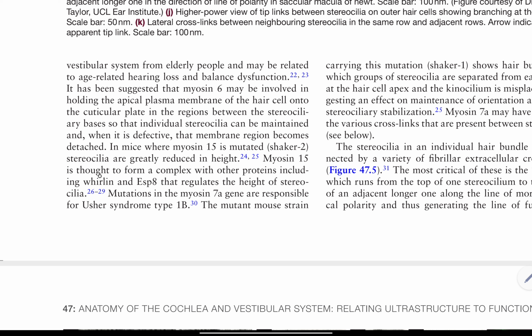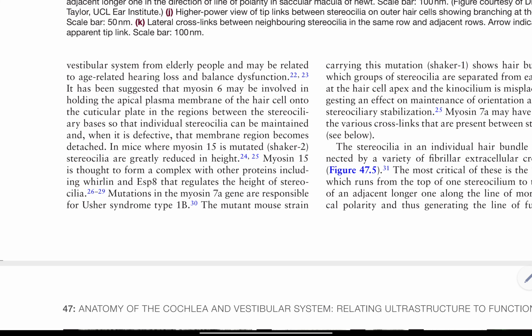Myosin 15 is thought to form a complex with other proteins, including whirlin and ESPN, that regulates the height of the stereocilia. Mutations in the myosin 7A gene are responsible for Usher syndrome type 1B.